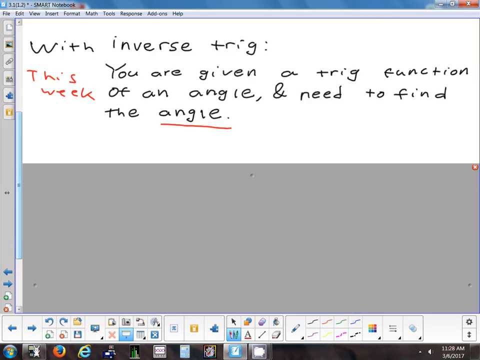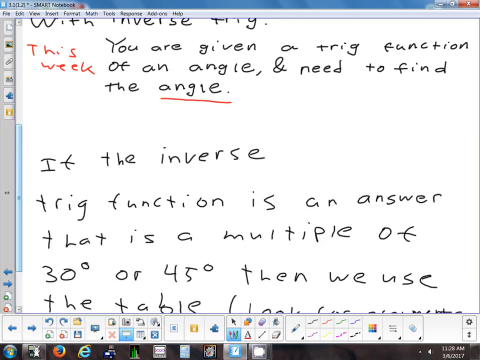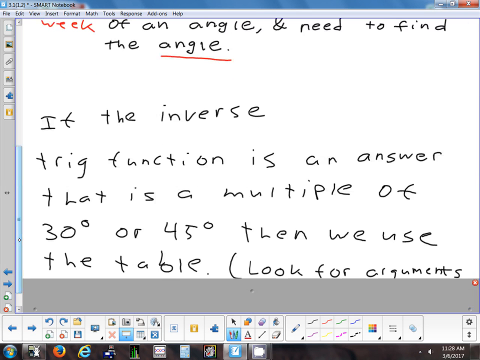Does everybody have the big idea for this week versus last week? This is what I just said to you. If the inverse trig function is an answer that is a multiple of 30 or 45, then you're going to go ahead and use your table. But notice the way I worded that.